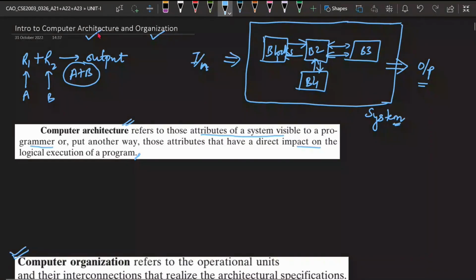In computer architecture and organization, we are going to deal with this.